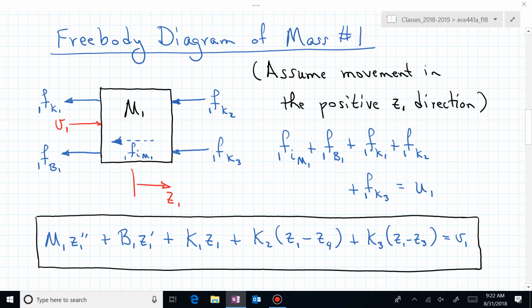There's no force there, so that force expression better give me 0. That's where we get the Z1 minus Z sub 3. If Z1 moves exactly the same positive amount as Z sub 3, then you subtract those and you get 0 displacement of that spring, and there's no force. That's one way of thinking about where this Z1 minus Z3 came from. Are we okay with that?